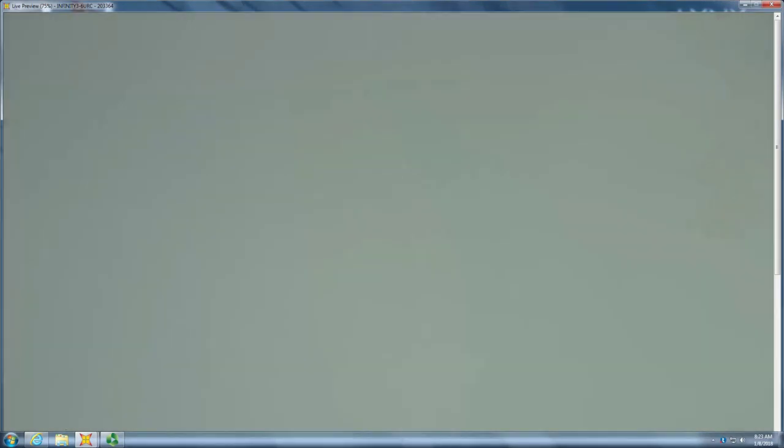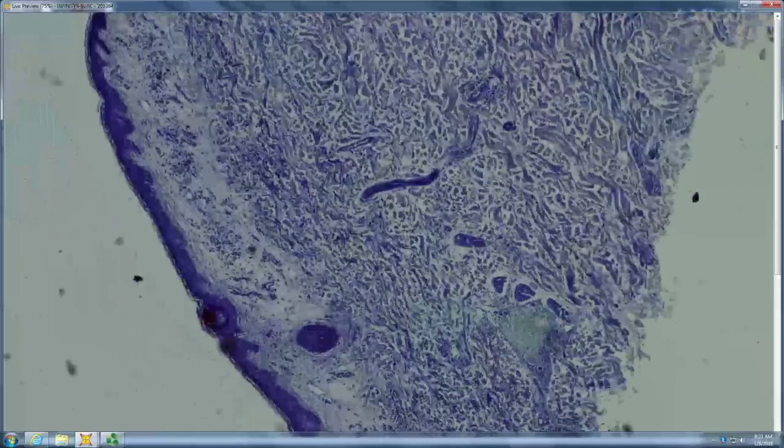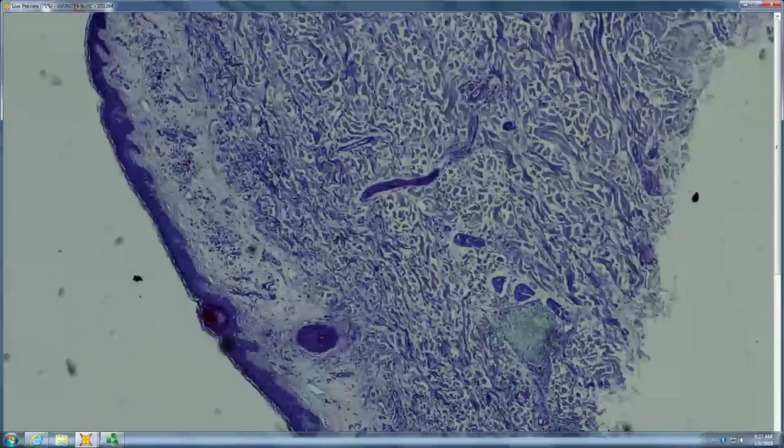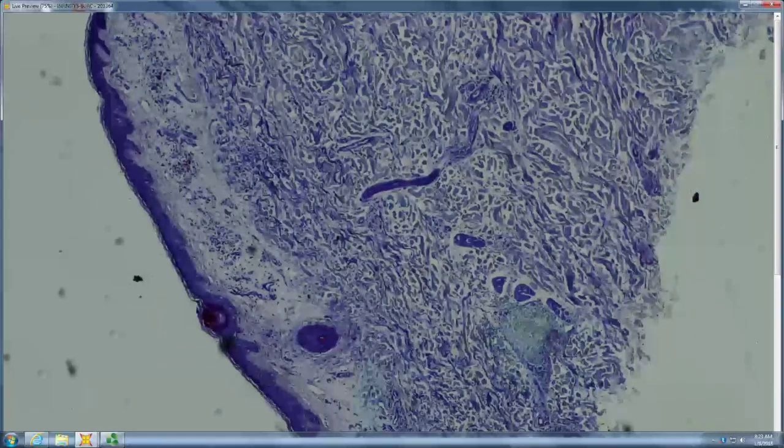Okay, let's see what else we got here. Okay, so the stain is blue and the hair fiber is red. That tells you it's a Fite. That's what a Fite stain looks like.